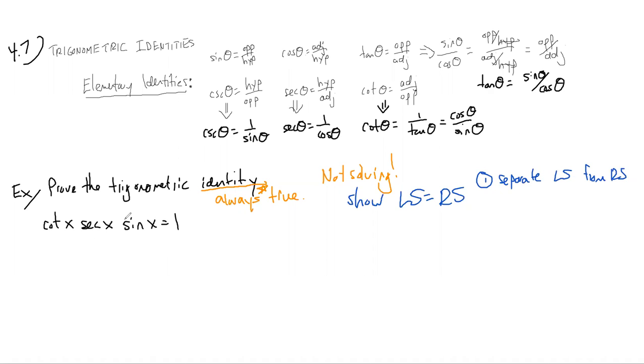Well, why would I have to show that it's true if I'm already claiming that it's true? So what we do is we break it apart. So I got my left side and my right side, they're different. And then what I'm going to do after that is use those established identities to make both sides look the same.